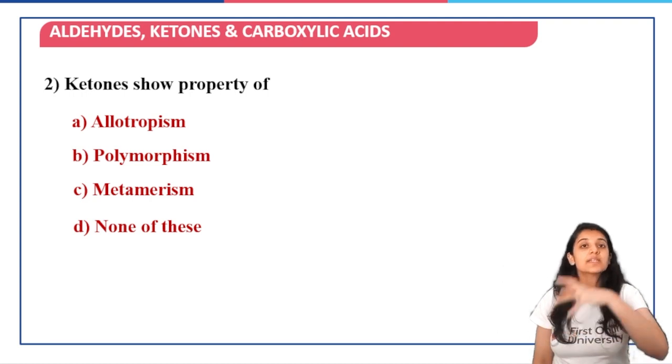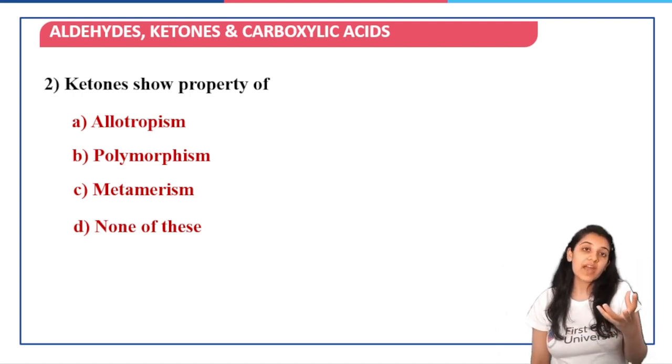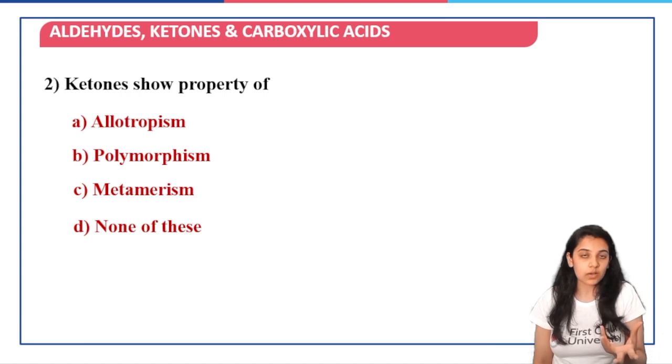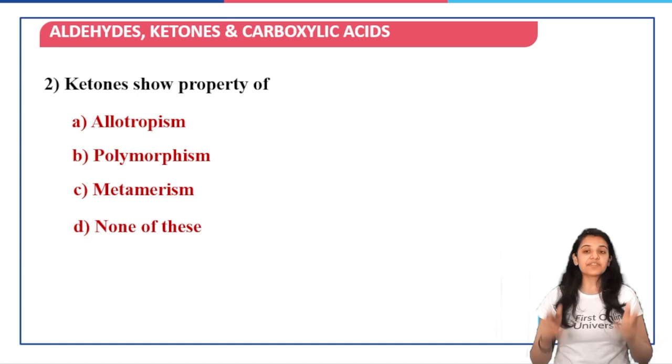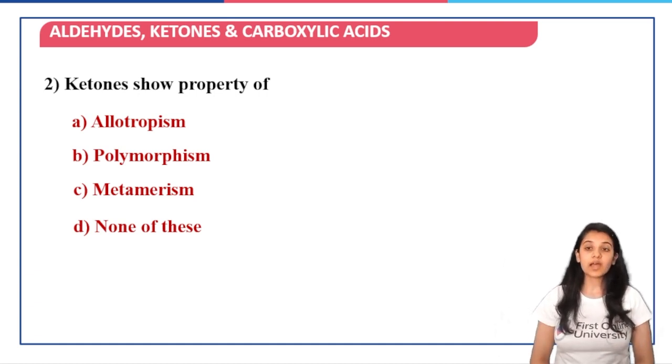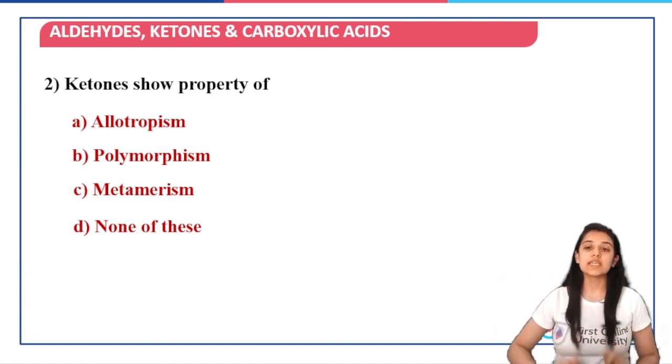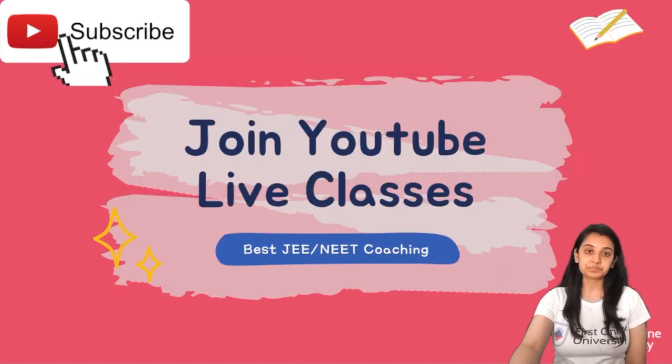Again, polymorphism is a concept of inorganic chemistry, when we have different polymorphs of sulfur existing, the rhombohedral and monoclinic, all these are polymorphs. We are not getting into inorganic chemistry, but we know what metamerism is: when there are different substituents on both ends of the functional group, that is on both ends of the carbonyl carbon, differing in the isomers, we call it metamerism. Therefore, option C is going to be the right answer.